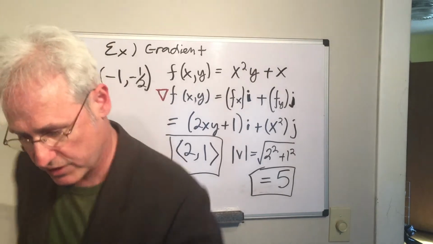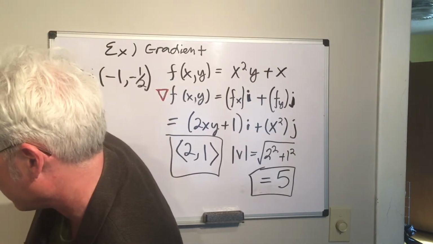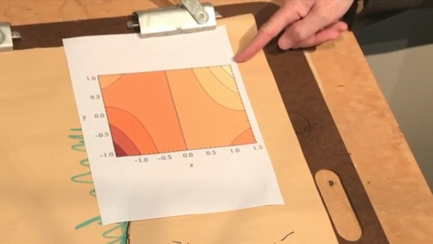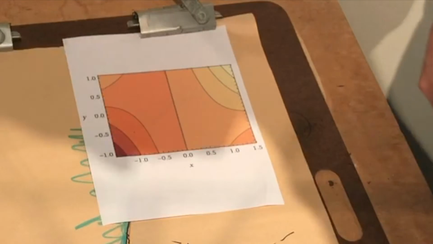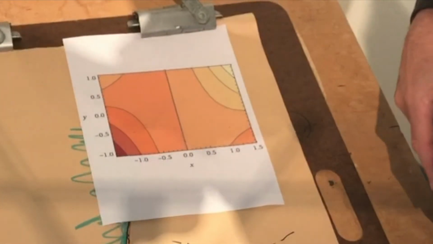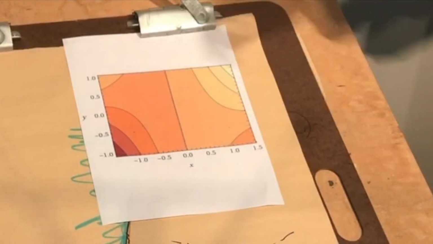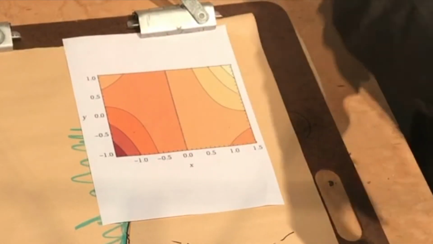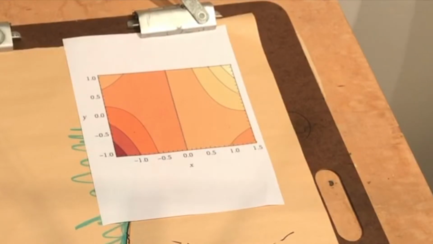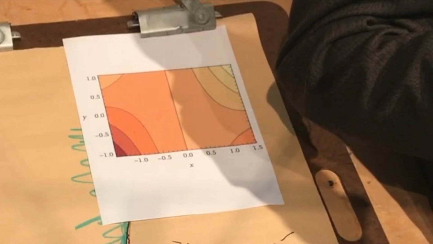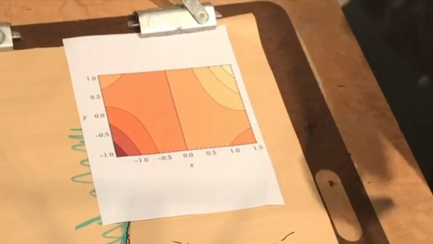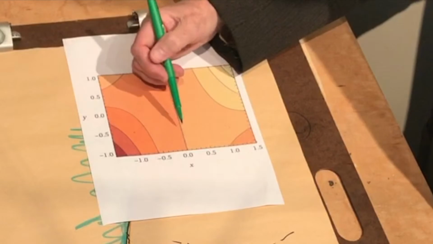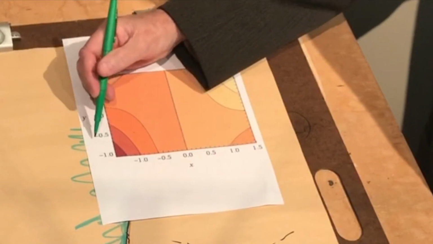And we can do a quick visual representation on our board right here. This is what Wolfram Alpha gives us for our sky view, basically, of this function that we have there. And the point we took was -1, -1/2, which puts us right here. -1 x, -1/2 y.